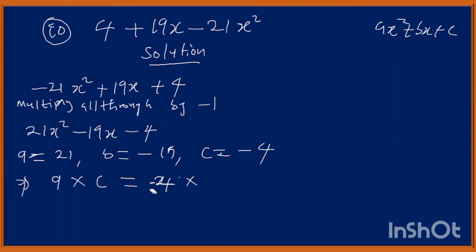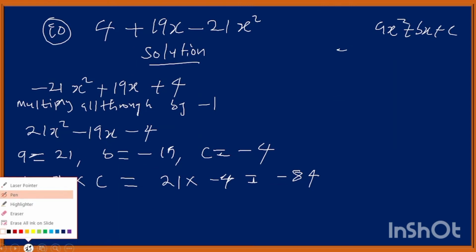So that is 21 multiplied by minus 4. That will give me minus 84. Wow, quite a large value. So let's look at minus 84.